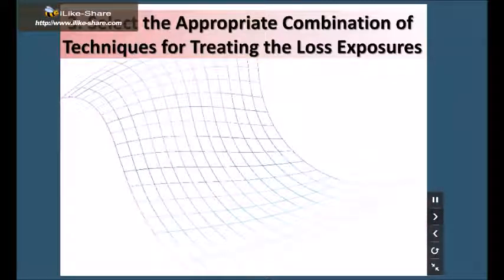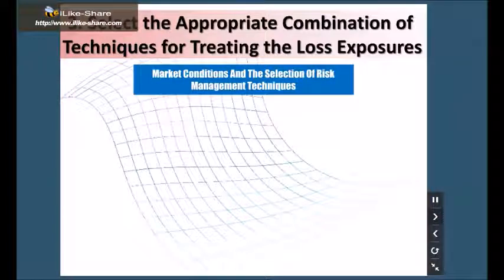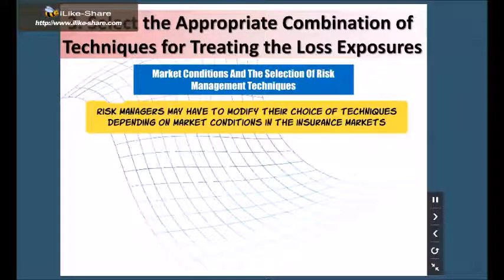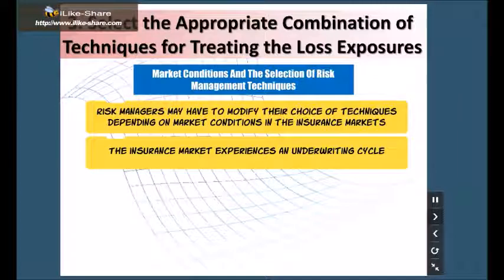Select the appropriate combination of techniques for treating the loss exposures. Market conditions and the selection of risk management techniques. Risk managers may have to modify their choice of techniques depending on market conditions in the insurance markets. The insurance market experiences an underwriting cycle.